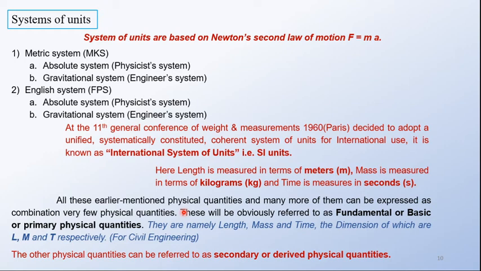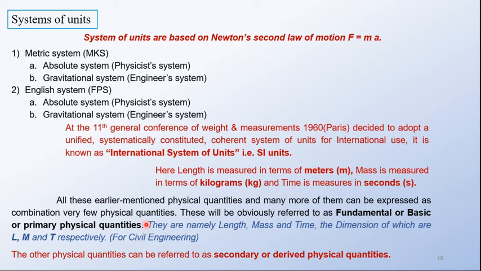So like that, the combination of the dimensions are used to measure or represent physical quantities. So these will be the length, the mass, and the time. These will be obviously referred to as fundamental or basic or primary physical quantities.